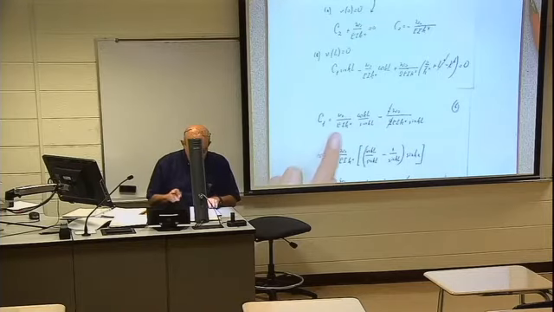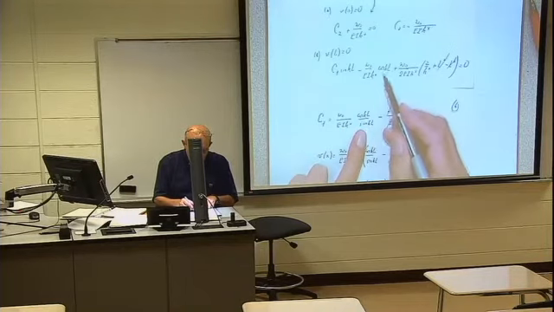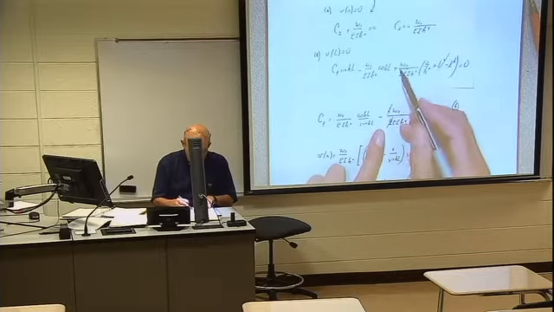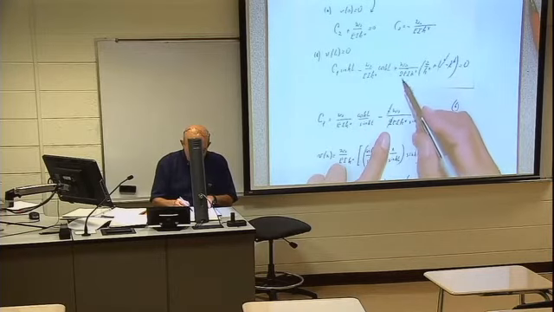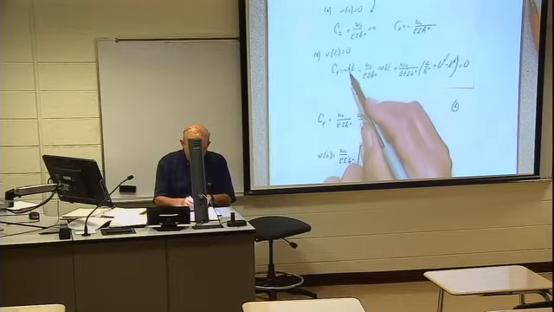C1 equals, look please, this transfer, W0 over EI k to the fourth power, cosine KL divided by sine KL, minus this, 2 and 2 cancel each other, W0 over EI k to the fourth power divided by sine KL.